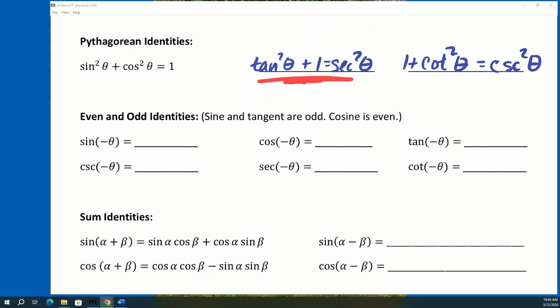Take this one, and where this is tangent squared of theta, change it to cotangent squared of theta. And where this one is secant squared, change it to cosecant squared. And you have them both memorized just by adding a co. So however you want to do it, but in about a week, you're going to need to know all 3.